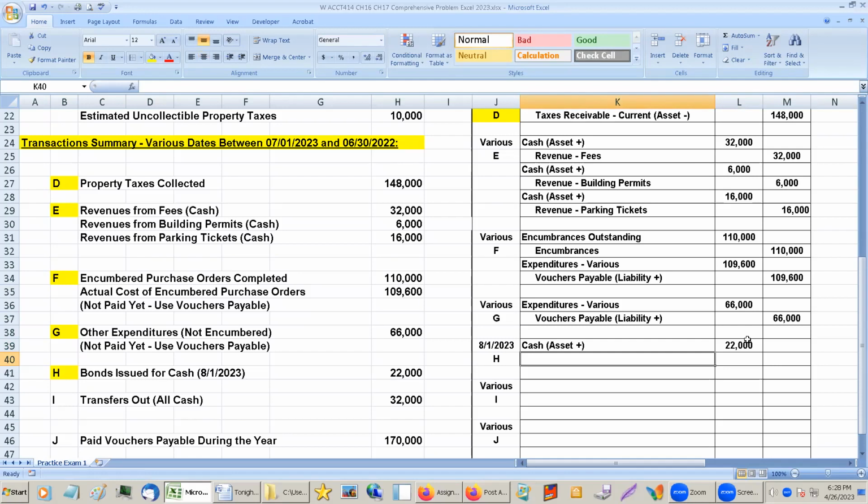Normally we say bonds payable, but we don't do that in fund accounting. We don't have long-term liabilities on the books. So it's going to be other financing source.